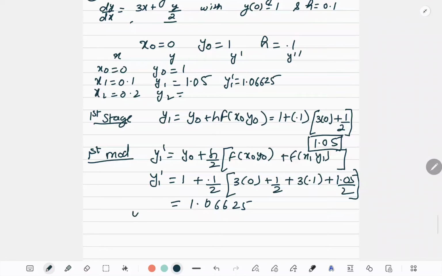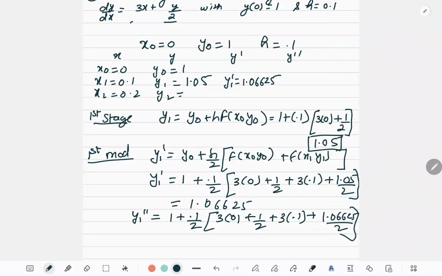When I am doing the second modification, it will be 1 plus 0.1 by 2. See, it is exactly the same. 3 into 0 plus 1 by 2 plus 3 into 0.1 plus, now here, only in place of 1.05, 1.06625 by 2 I will write. Correct?